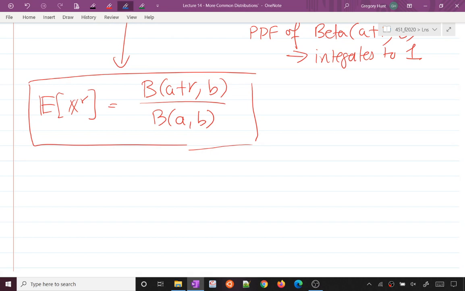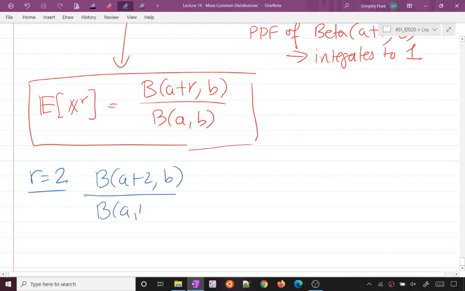If we want to calculate the variance, we could say, well, if r is 2, this is going to be beta of a plus 2, b over beta of a, b. And we can play the same simplifying games.